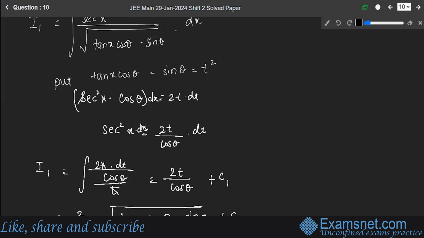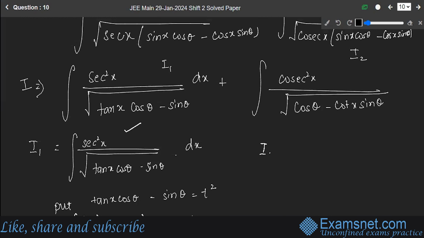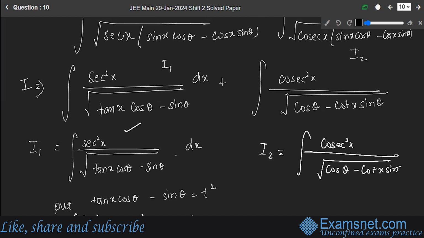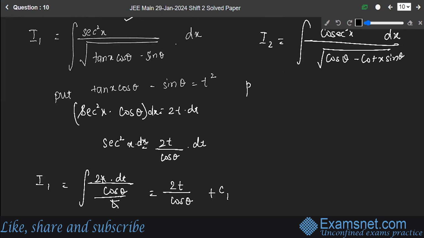Now let's go on to solving I2 in a similar way. Your I2 was equal to cosec square x root of cos theta minus cot x sine theta into dx. Let's put cos theta minus cotangent x sine theta equal to t square.